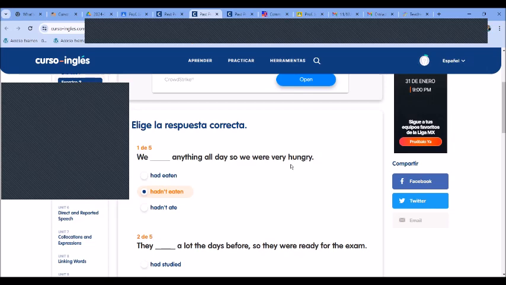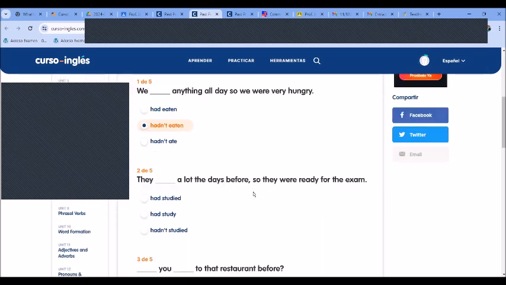Repeat. We hadn't eaten anything all day, so we were very hungry. Right. Diego, number 2. Yes, number 2, Diego.